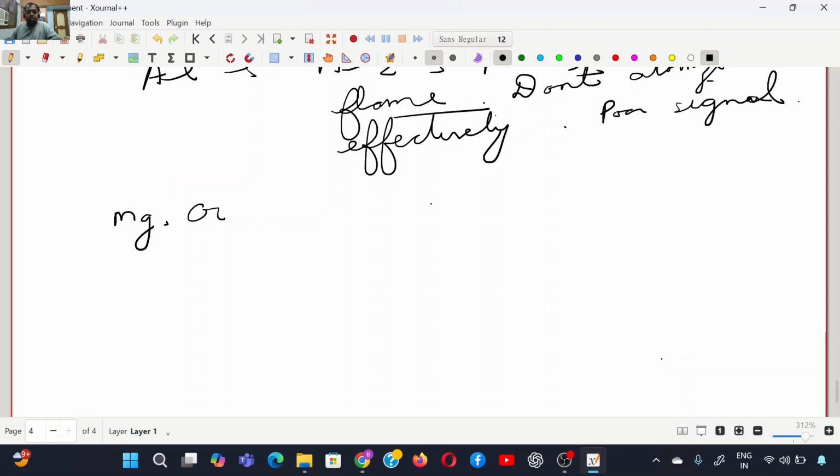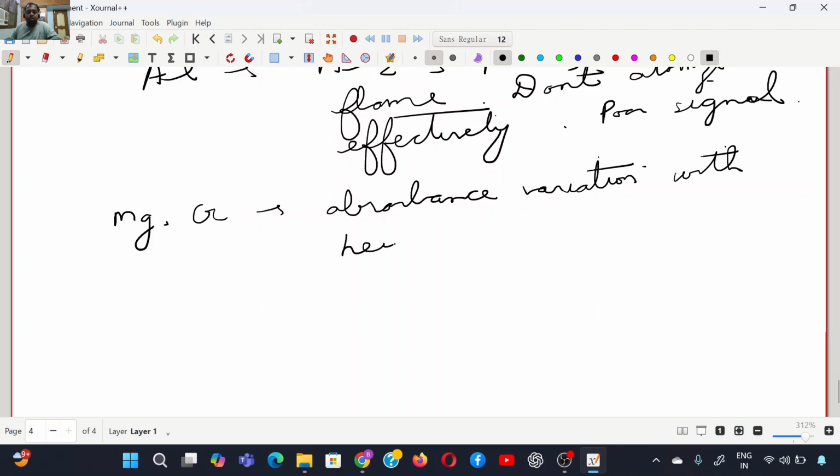So these examples you can refer to. Absorbance variation with height.